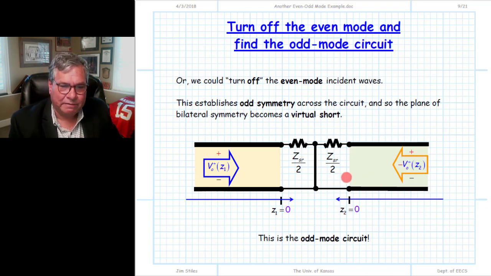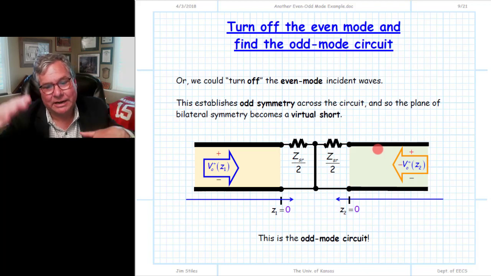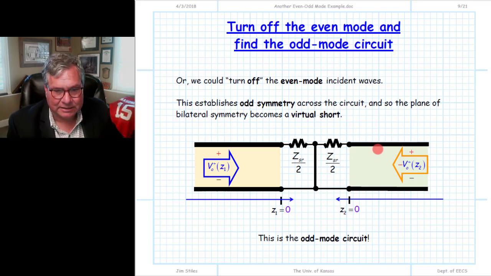And so if we look at any point on this transmission line, at the voltage manifested by the incident wave coming in, and we move to the same point on the other side, the same distance from the center, so we're symmetric there, and we look at the voltage manifested by the incident wave propagating there, we'll find that those two voltages will have exactly the same magnitude, but will be 180 degrees out of phase as they oscillate.